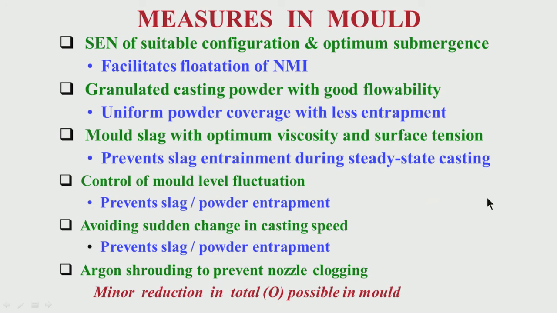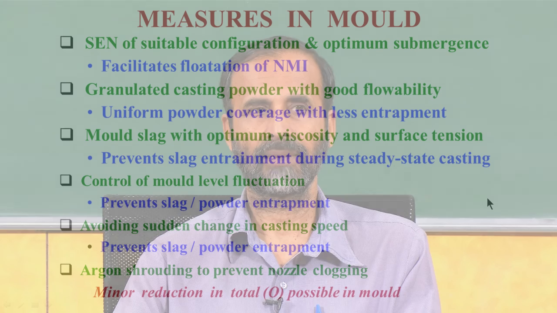So, our purpose is whatever good liquid steel we have produced in ladle after secondary refining, that should be maintained and that should be enhanced, the cleanliness level should be enhanced, that should not get contaminated. Any amount of exogenous entrapment has to be restricted. So, in mold, exogenous entrapment is the mold slag or the mold powder, this has to be controlled.